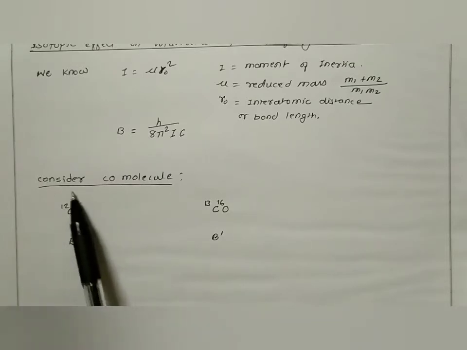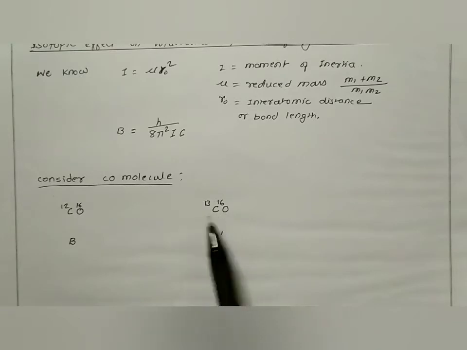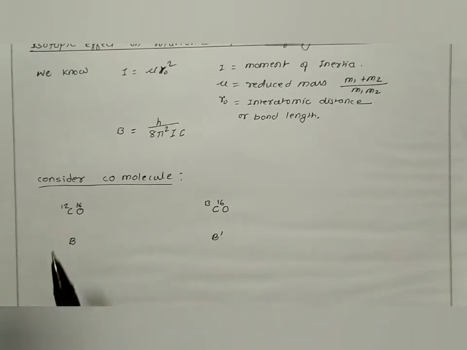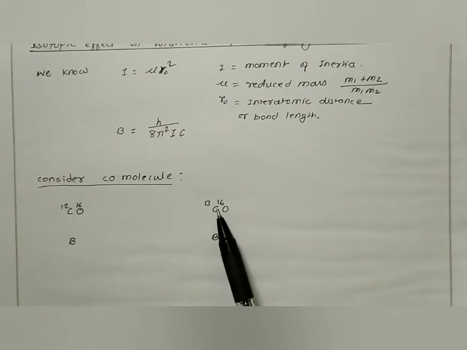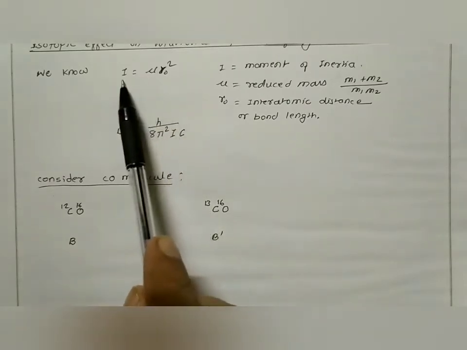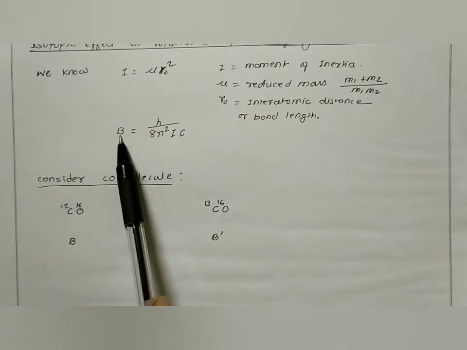The reduced mass of the carbon 12 molecule is less as compared to the other. This reduced mass is more, this reduced mass is less. When the reduced mass increases, the moment of inertia increases, and with an increase in moment of inertia, the rotational constant B will decrease.